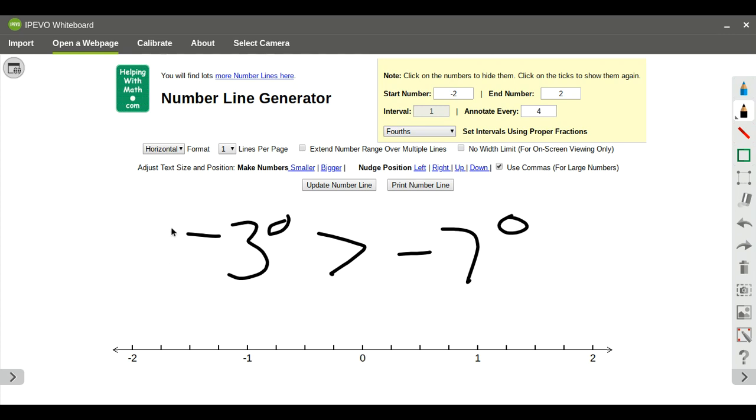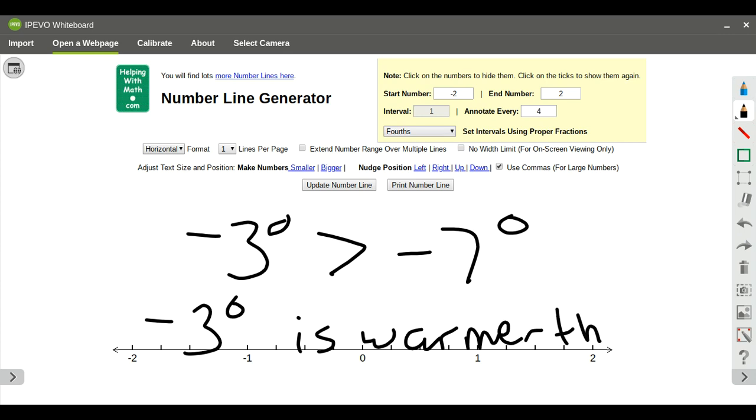I always think about it in terms of weather. I would much rather be in -3 weather than in -7 degree weather. So -3 is greater than -7 degrees because -3 degrees is warmer than -7.